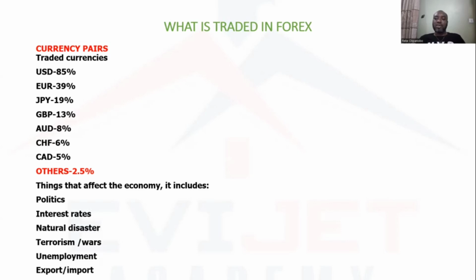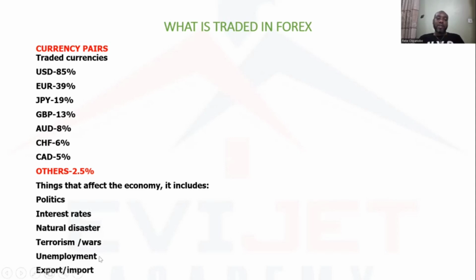Their currency must go down for that period, and if it is not well managed, it can bring about a downward turn. So we also have natural disaster, terrorism and war. When there is war, it affects the economy and in turn affects the currency.